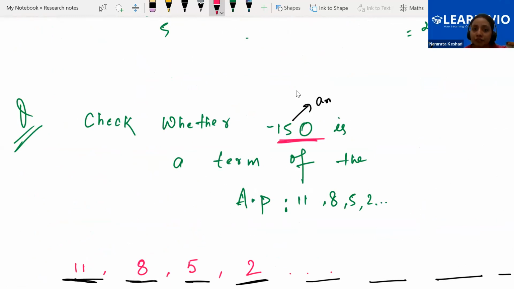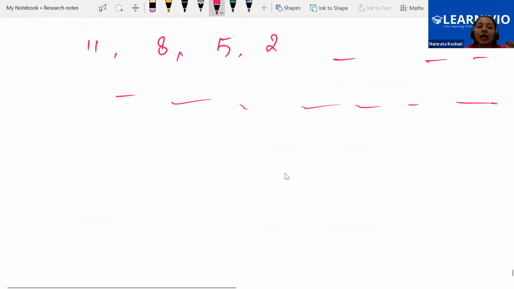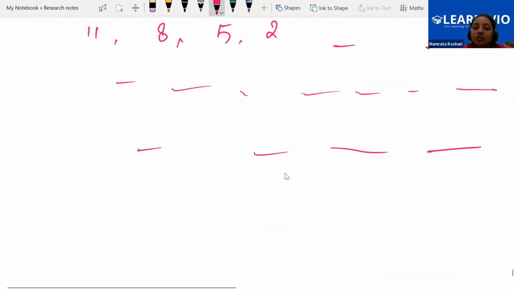Here the question says to check, you are having a certain AP, like 11 is there, 8 is there, then 5 is there, then 2 is there, like this is an AP we are having. Check whether any term you are having where minus 150 is sitting. Is there any term where minus 150 is sitting in your AP? That's what we are checking.